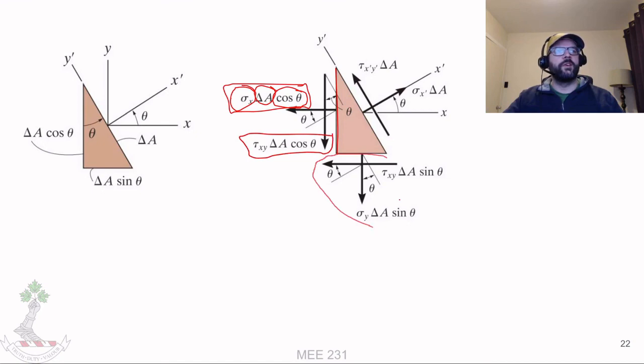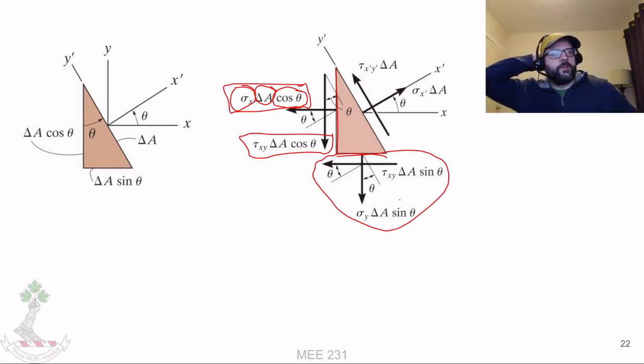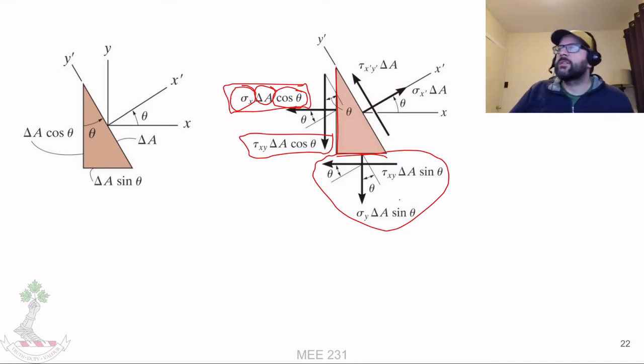And then on this face we're going to get the same idea, just swapping out sines for cosines and y's for x's. We're going to get a certain amount of force in the x and in the y.